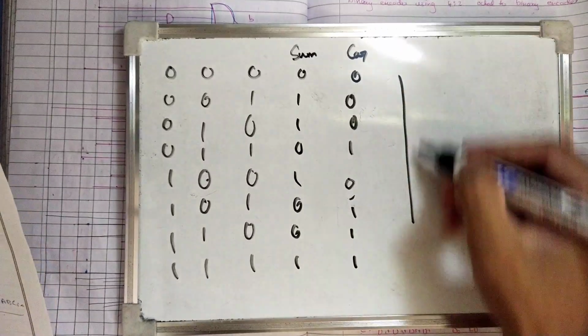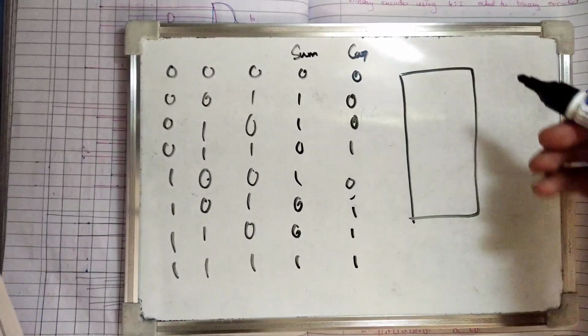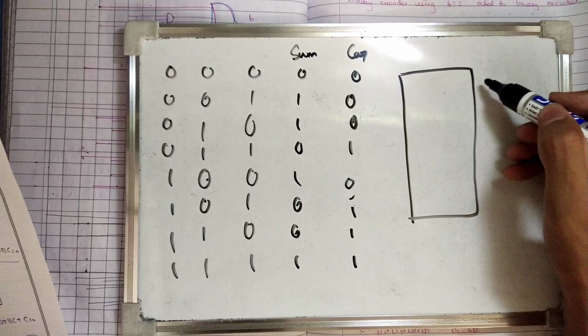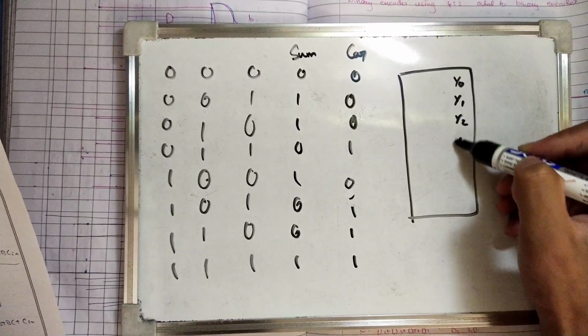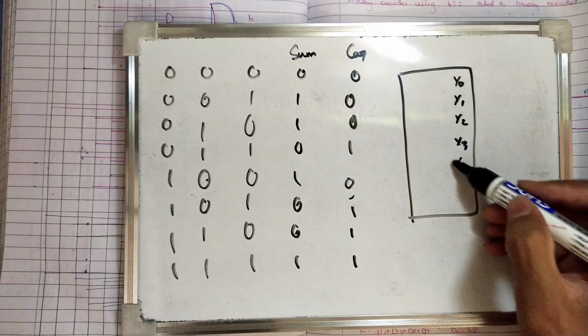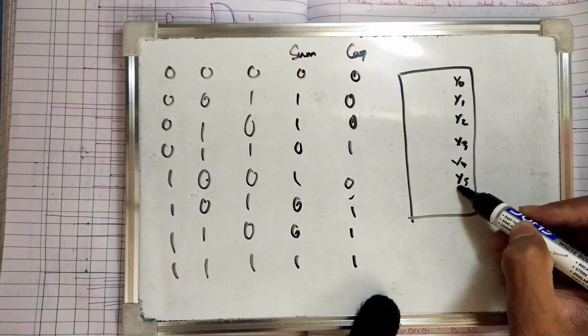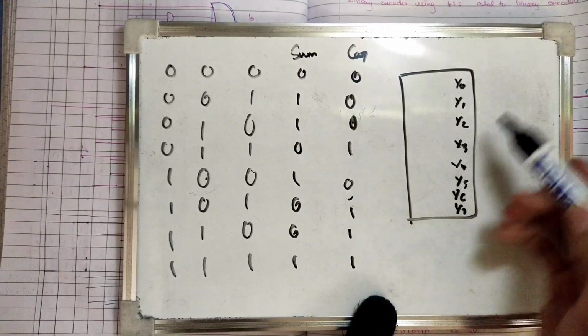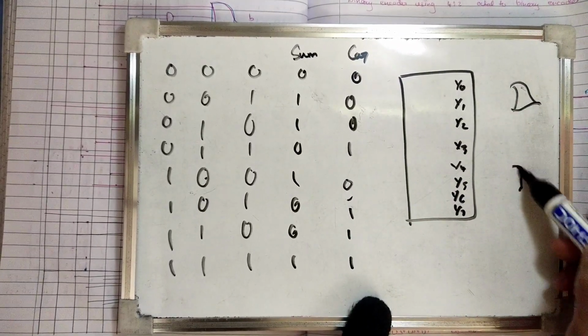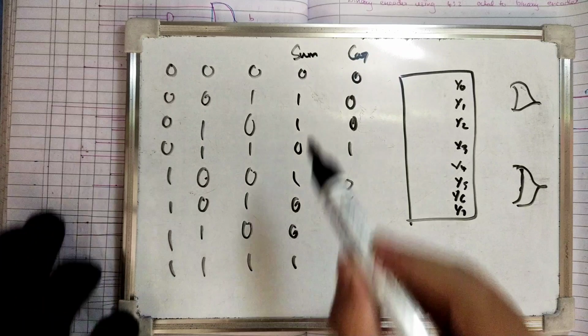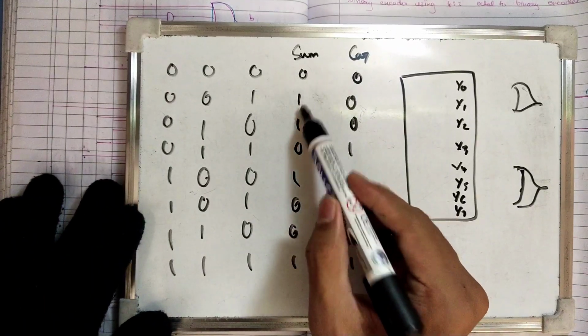Now you have to draw this, right? You remember how we did it in demux. Just write here y0, y1, y2, y3, y4, y5, y6 and y7. This is for your sum, and this is for our carry. Now see sum: y0 is not there, y1, y2 is there.